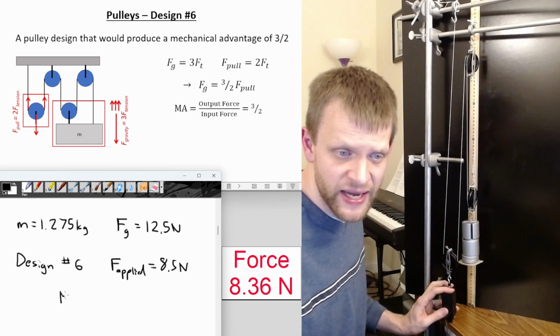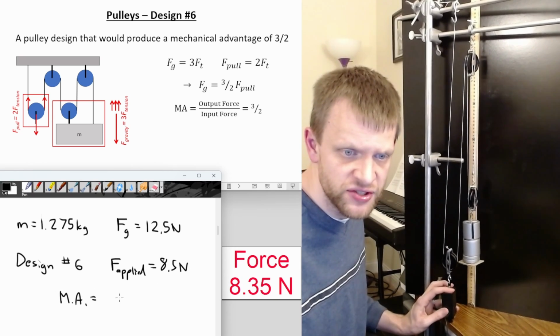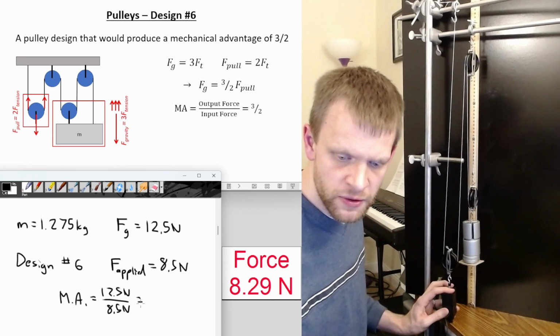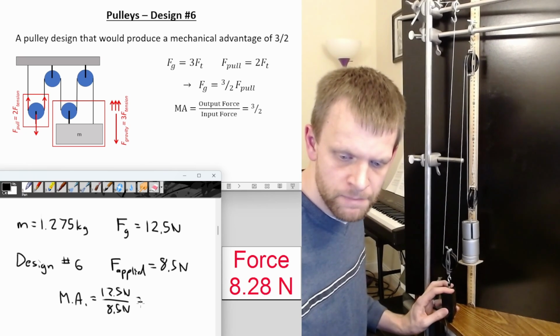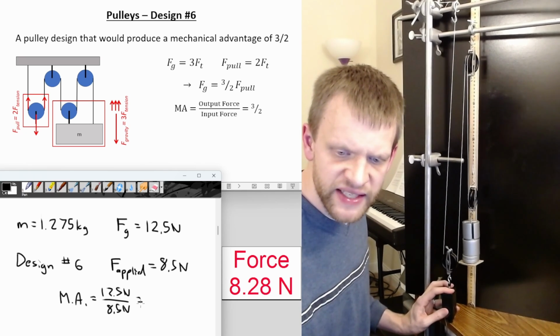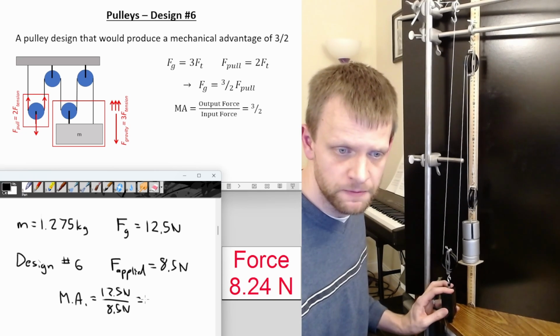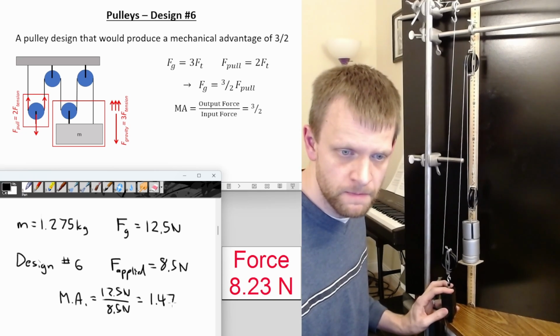So again, our mechanical advantage in this case would be 12.5 newtons for the output force, 8.5 newtons for the input force, and that gives me 1.47 for my mechanical advantage.